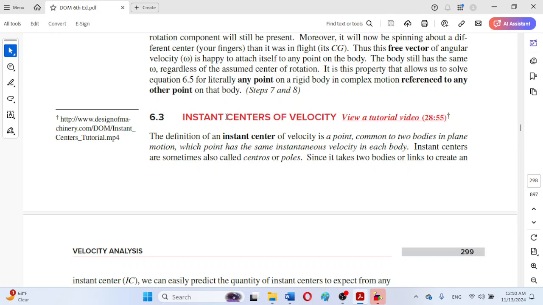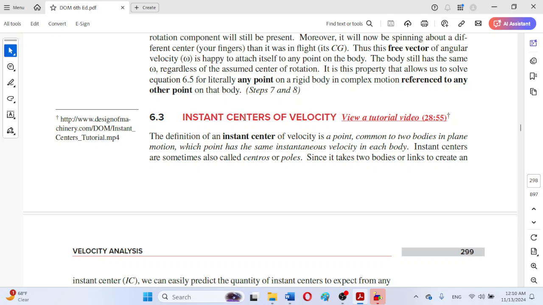If a velocity is calculated with respect to some moving frame of reference, moving coordinate system, moving point or moving link, then that velocity is termed a relative velocity.